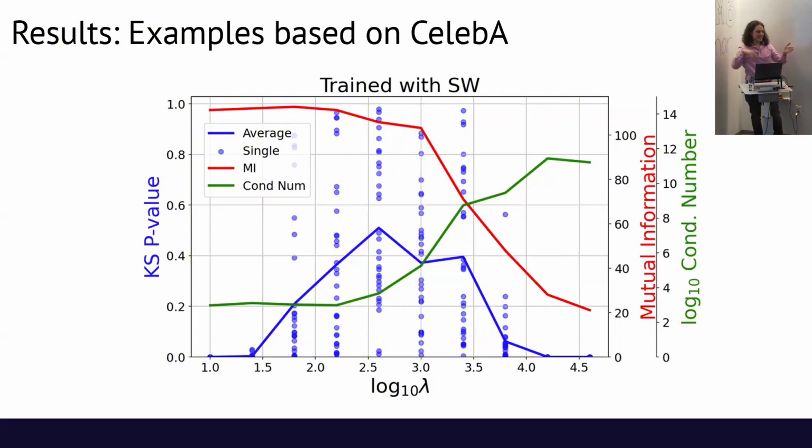The blue is the KS uniformity test for a batch of p-values. Each blue point is a different KS uniformity test. The blue line is just the average. And the green is the log condition number of the covariance matrix. So as that increases, the covariance matrix is being pushed to be more and more singular. And the x-axis is just the log 10 of lambda.